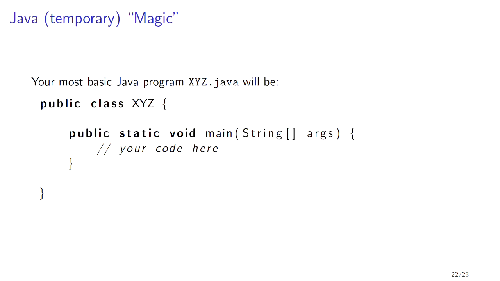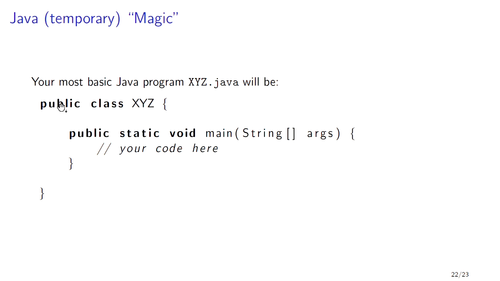So we've already mentioned a bit about this syntax. There's a purpose for it, but it's some basic structure which you'll just make use of at the moment. And so we said everything's got to be inside of a class because we're dealing with creating objects. So you've got a class which has some name, let's say XYZ.